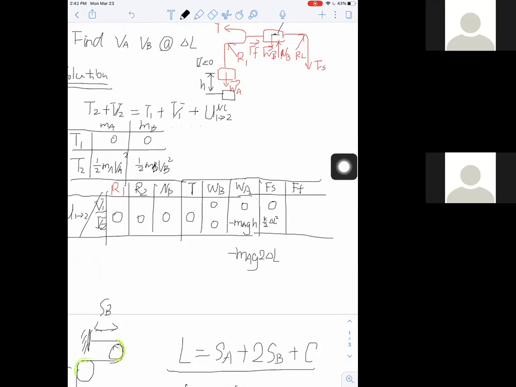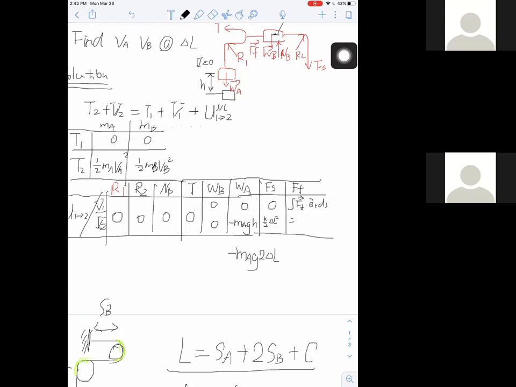Next, we only have this friction force left. And what's its work? If you remember, the equation is the integration of the friction force in the tangential direction, ds. That's the work done by the friction force. In this case, the friction is pointing to the right, and it's a constant force.